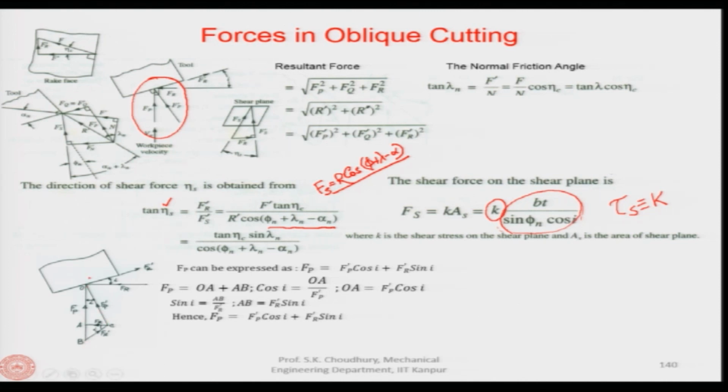Fp prime is making an angle of I with the Fp, and Fr is making an angle of I with the Fr prime.